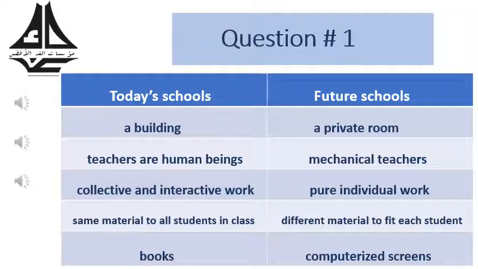So they want us to find out how future schools are different from today's schools. And there is a table to be filled, and you can write the information according to the titles written.